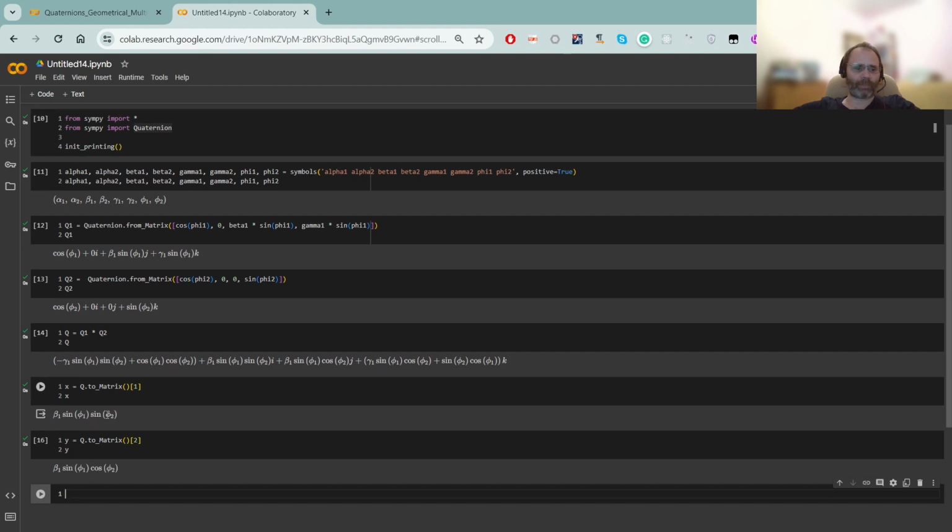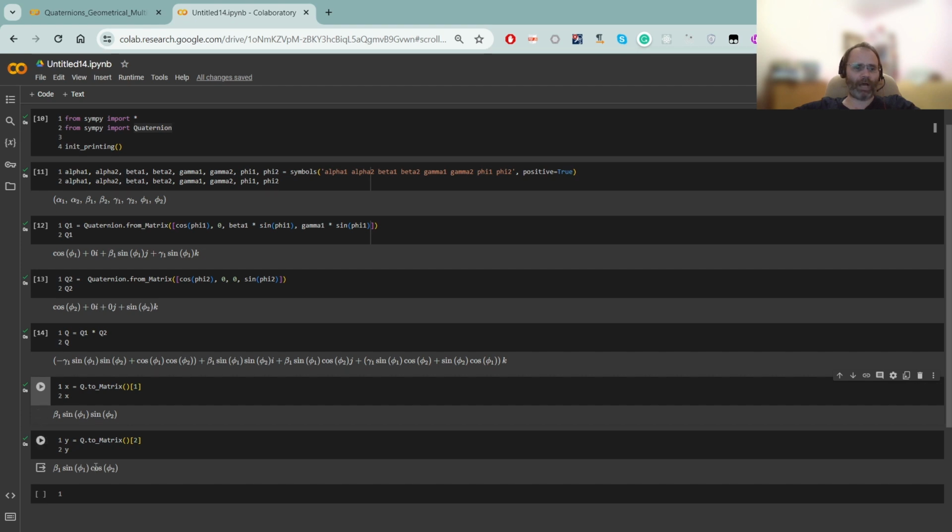The angle phi 2 is not changed, so it's constant. And x and y have the same part, beta 1 sine phi 1. So if the angle phi 1 is changed, x and y will be changed as well.